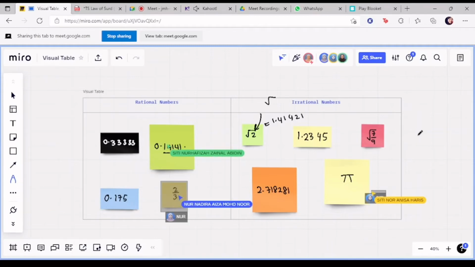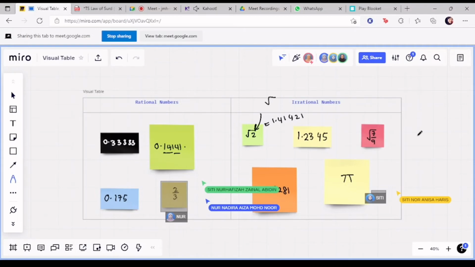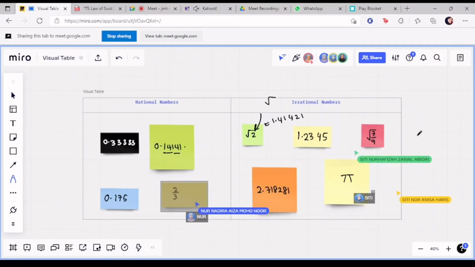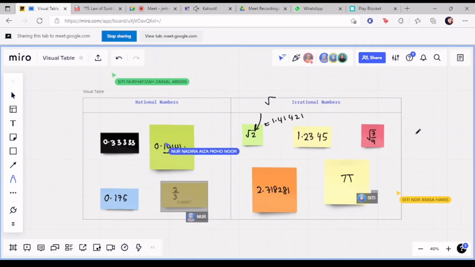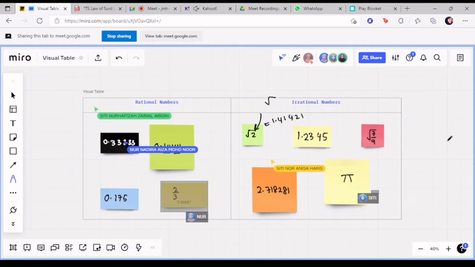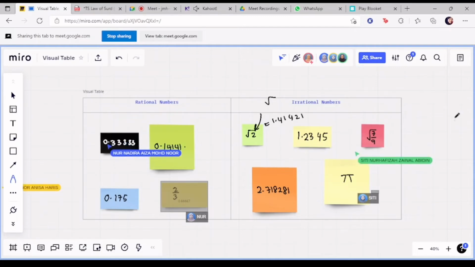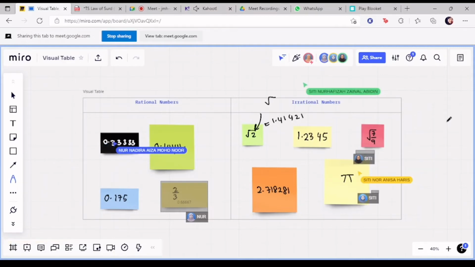Okay, please put the value next to the number. What you need to do is find any fraction or any number with radicals and convert it into decimals. For example, in the rational numbers, we have 2/3. I see that Nadira is putting 0.66667.